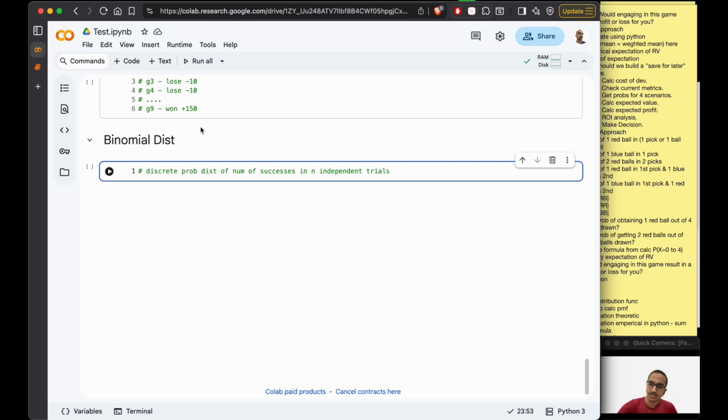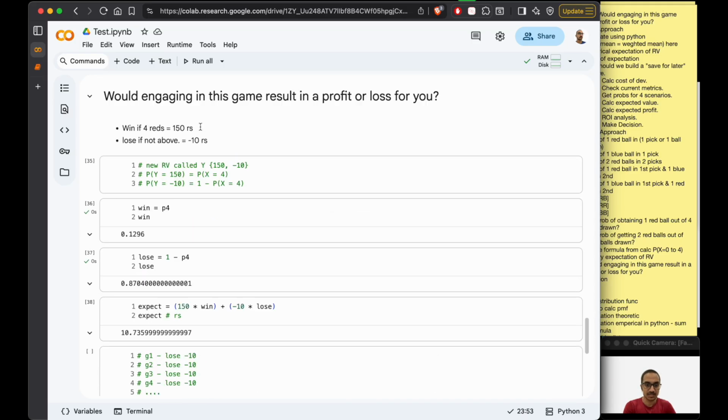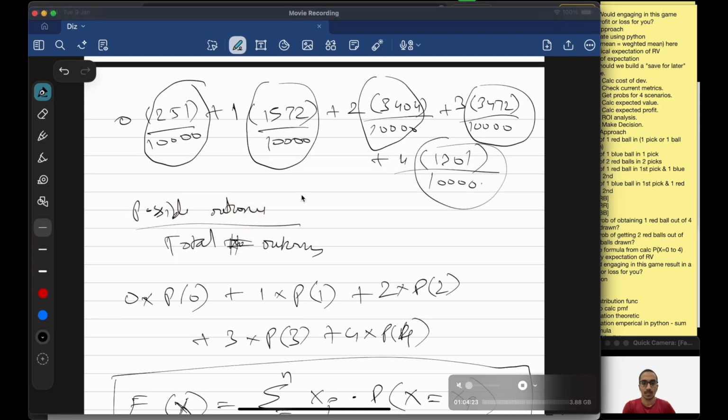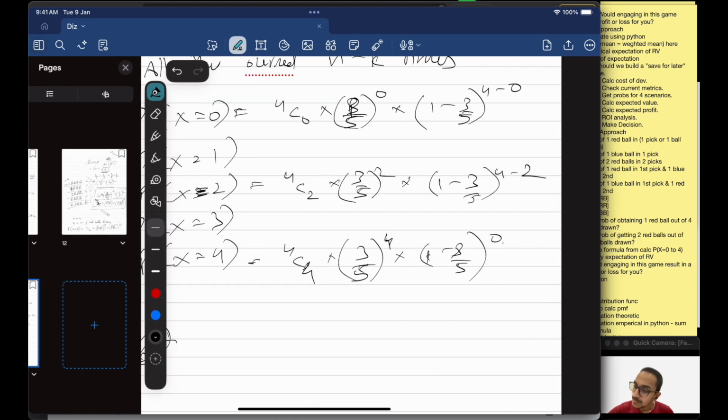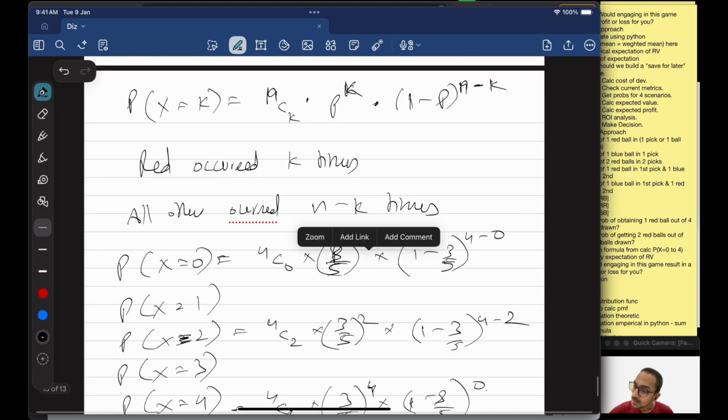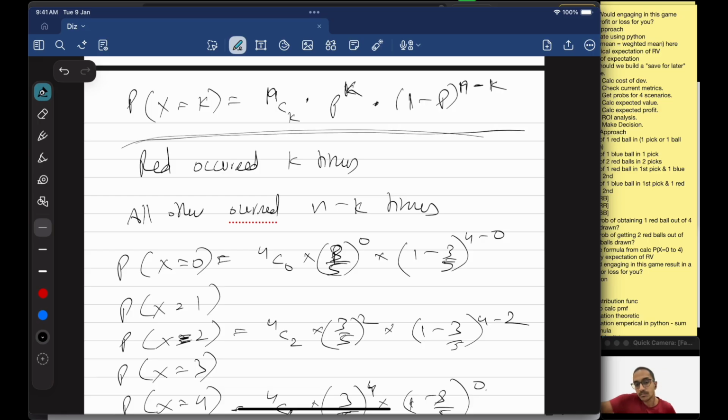And we already saw the formula because we already derived it here, right? Somewhere here. This is the formula for binomial distribution. This is basically used to get your PMF value.